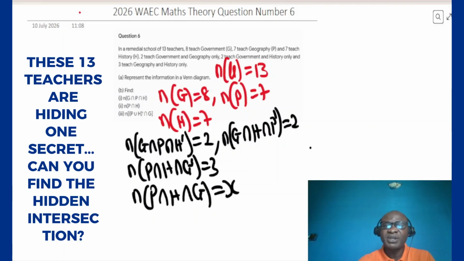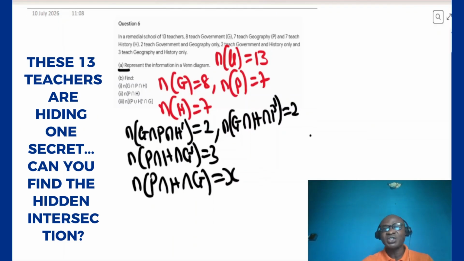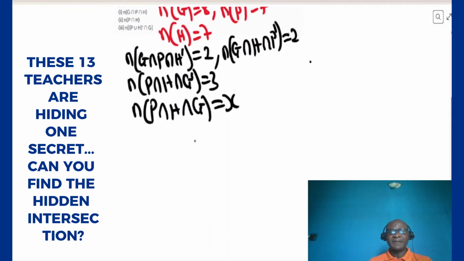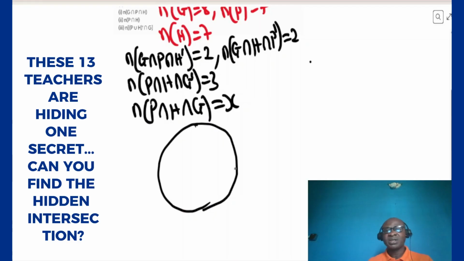Now, with this information, question A said, represent the information in a Venn diagram. For us to do this, let us put a circle for the Venn diagram. This is not to scale, it's a rough sketch.